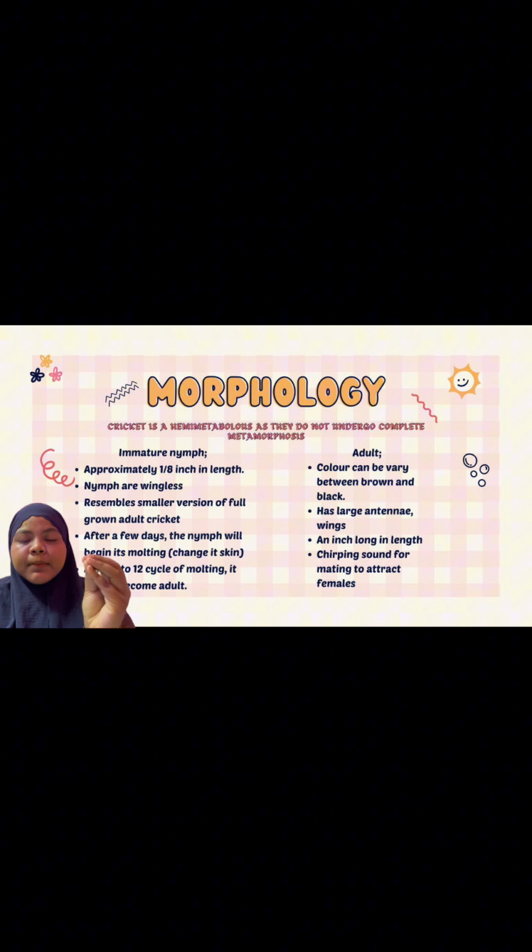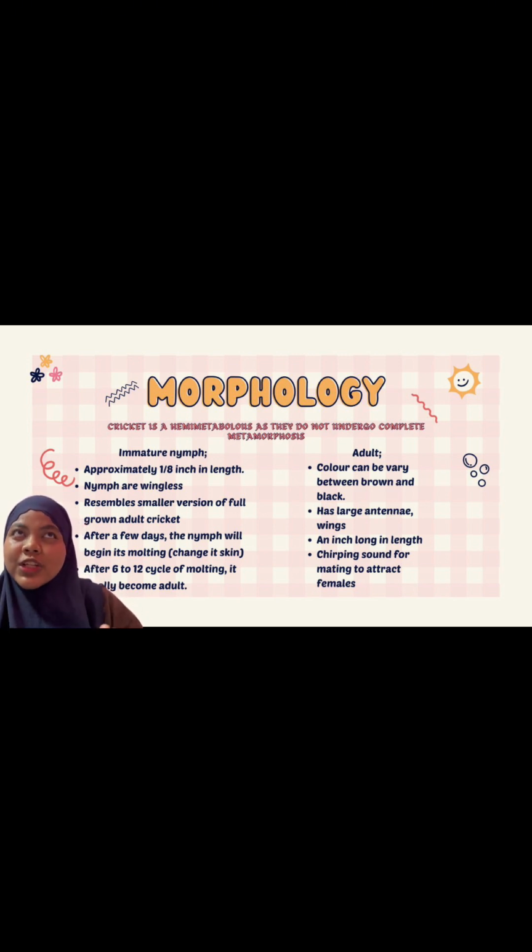So, the morphology of the immature nymph. The immature nymph is approximately 1/8 inch in length. The nymph is wingless. It does not have wings like the adult. Even though the nymph resembles the adult cricket, after a few days, the nymph will begin molting.